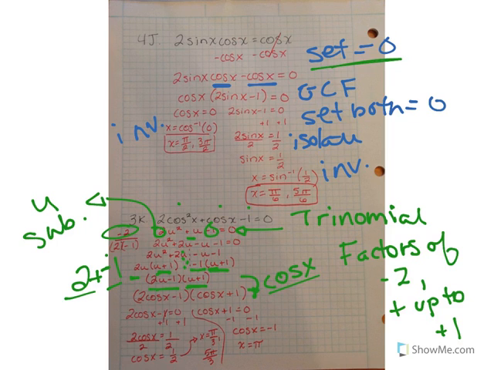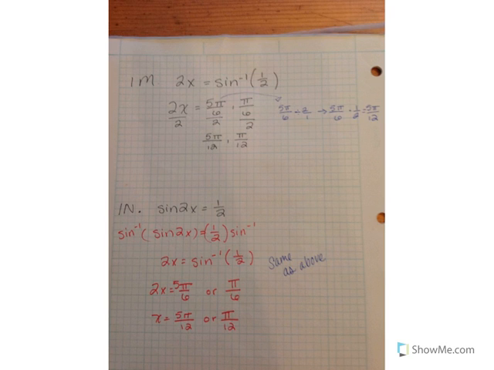Because now at this point I'm ready to go back and set both equal to 0, isolate, and take the reciprocal. I had to do that on both sides this time because both sides had a second term. So both of these factors were binomials, unlike in 4J when only one of them was a binomial.